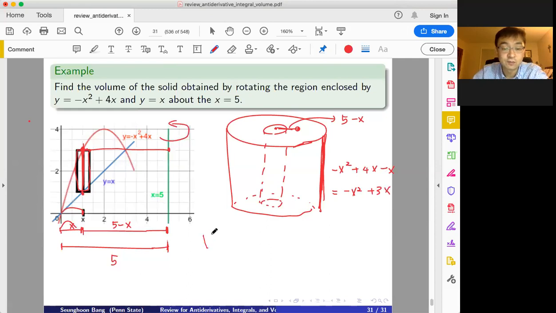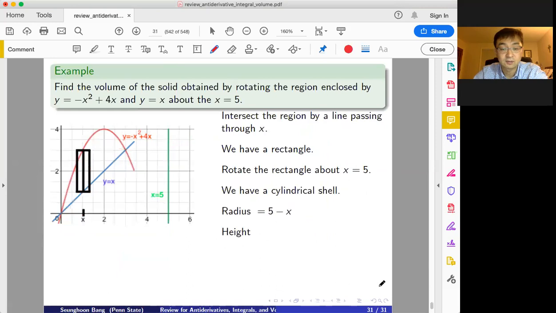What's the volume? The integral from 0 to 3 of 2 pi times the radius, 5 minus x, times negative x squared plus 3x dx. This is the whole idea for solving this problem.